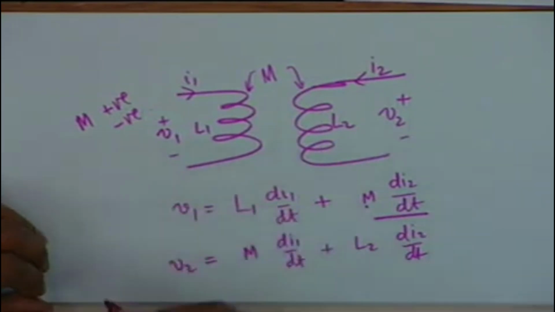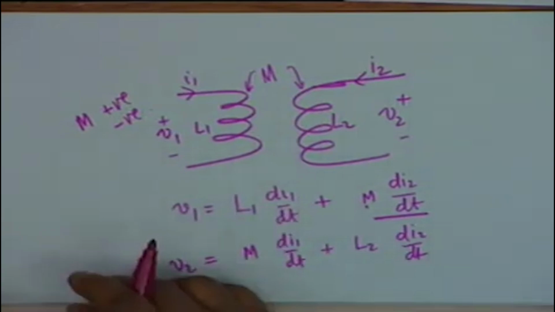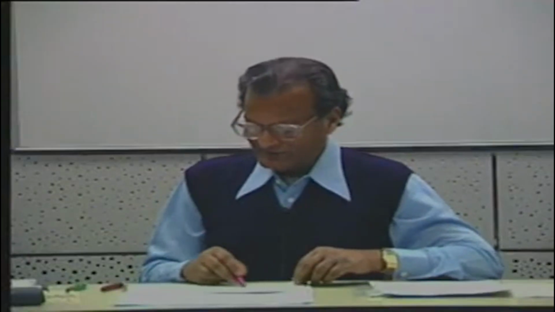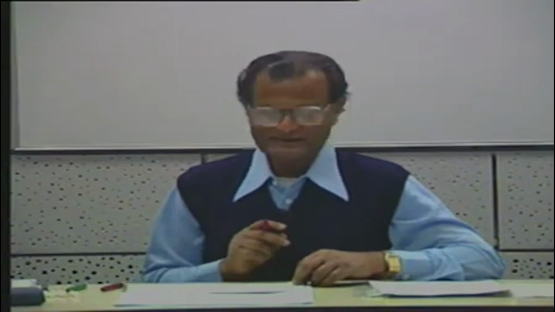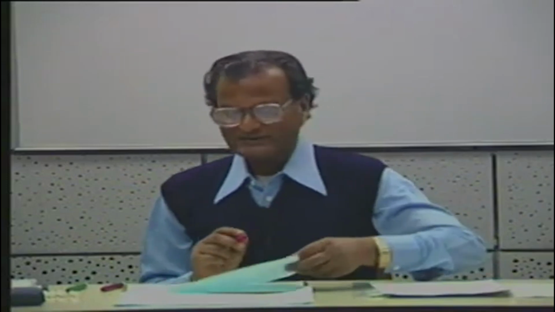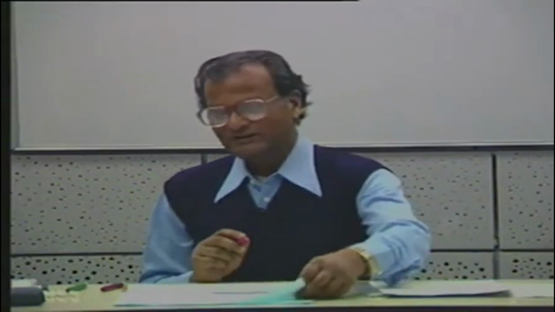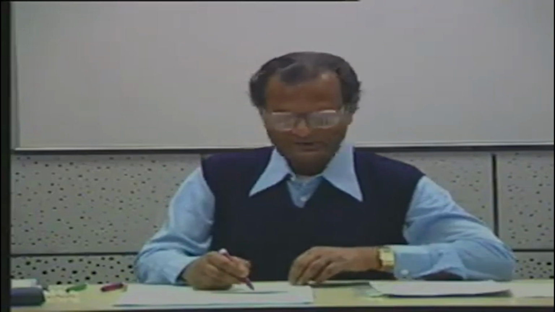We will have more to do with this later, but at the present moment look at these two relationships and tell me, if the excitation was sinusoidal, then how would these relationships change? If the excitation were sinusoidal, then we could express them in terms of phasors.